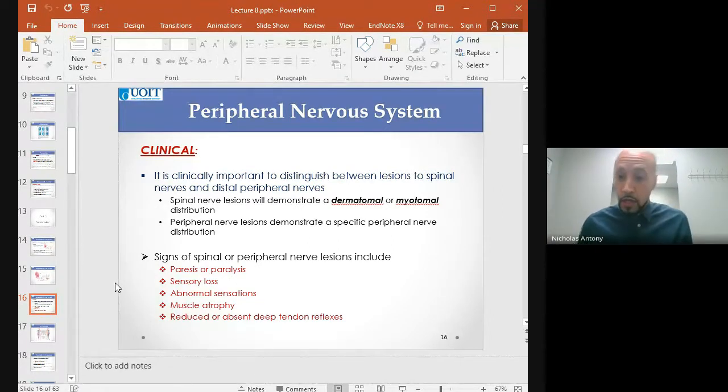Joseph has a question. The posterior just does the spine and skin, not the latissimus. No, what is the innervation of the latissimus then, Joseph? You remember? Nope. Specific nerve.